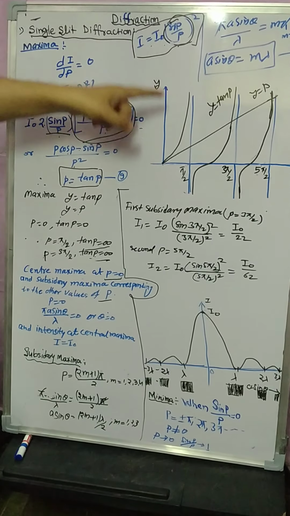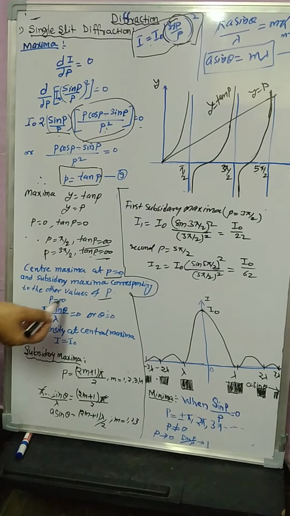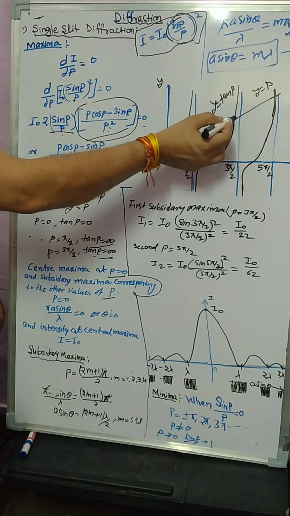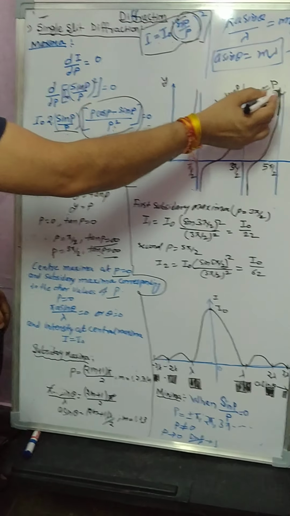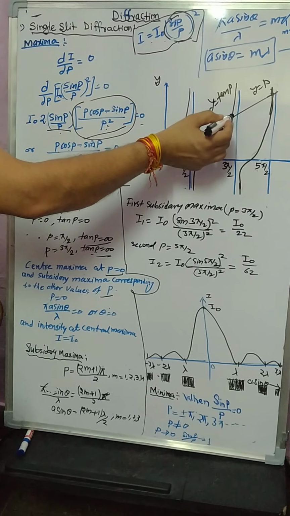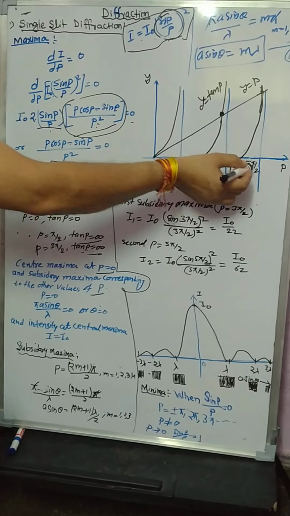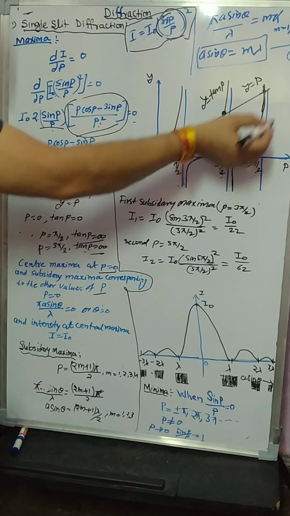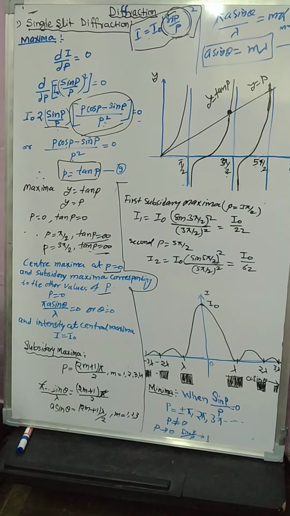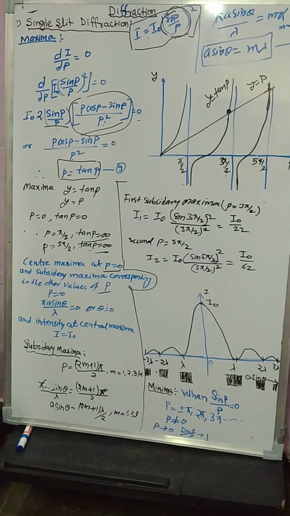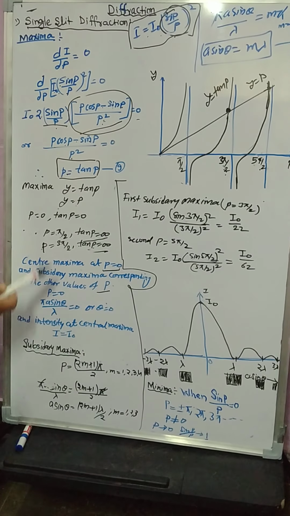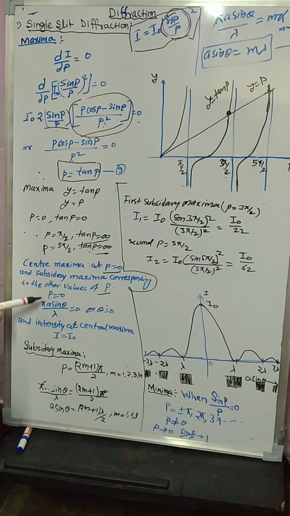For the other values, the two graphs coincide. This point is near 3 pi by 2, and this point is near 5 pi by 2, similarly 7 pi by 2, the condition of subsidiary maxima. So first we find the p equal to 0 central maxima.